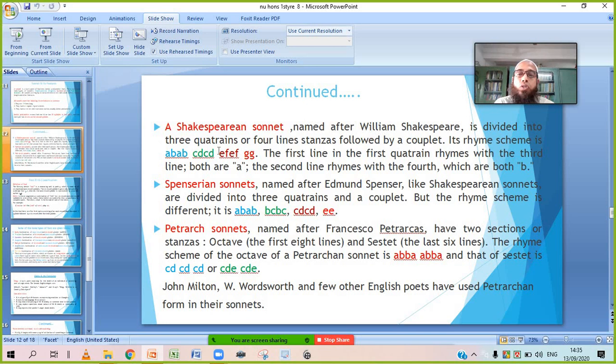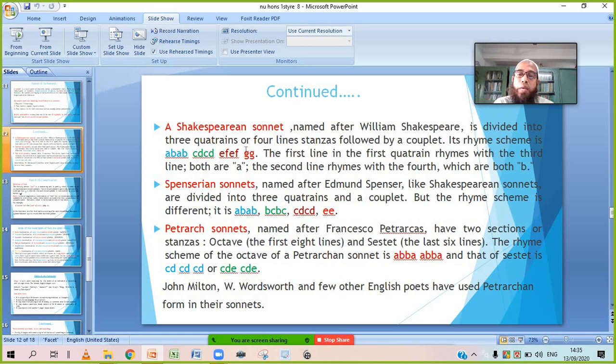So three quatrains, 4-line stanzas, followed by a couplet, 2 lines at the end. Its rhyme scheme is A B A B C D C D E F E F G G. The first line in the first quatrain rhymes with the third line, both are A. The second line rhymes with the fourth, which are both B. So that is the rhyme scheme.